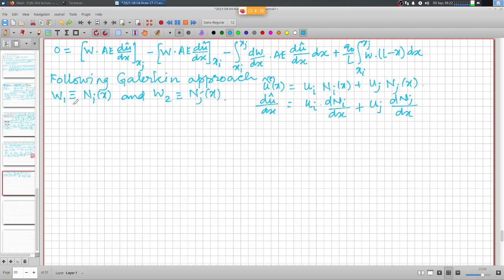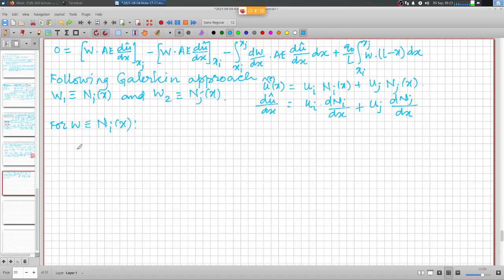So let us first say using case 1, when we choose W equal to Ni, then Ni will replace W here, and this function Ni has to vanish at xj, by definition. So this term will vanish, and Ni will be evaluated to unity at xi.